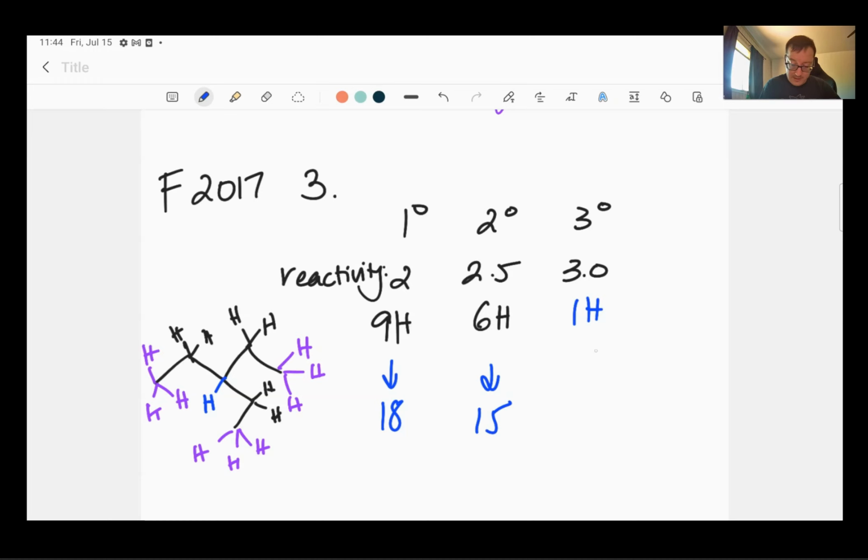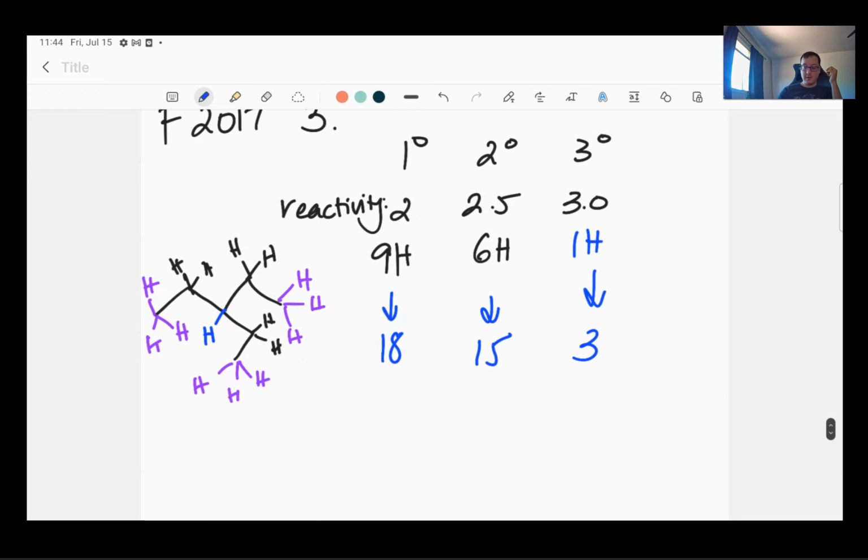And then 3 times 1, of course, is 3. In order to find out the percentage of each one, we simply need to add everything together. So 18 plus 15 plus 3 is 36. And so the total is 36.